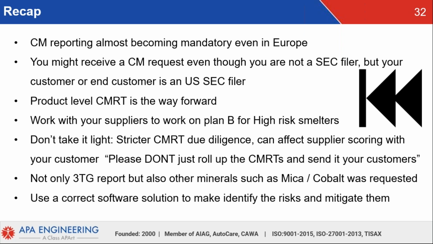You will be expected to receive product level CMRTs, and in addition to that, you may be requested to fill the extended mineral template for cobalt and mica. Other minerals are also being added to that, and work with your suppliers on the plan B in case you have high risk smelters found in their CMRT template.